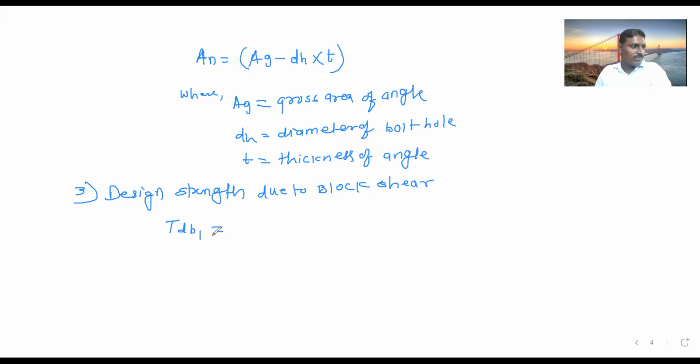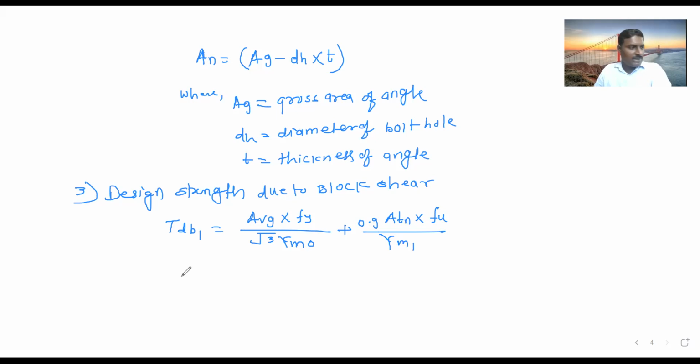TDB1 is AVG into Fy divided by under root of 3 gamma m naught, plus 0.9 ATN into Fu divided by gamma m1.